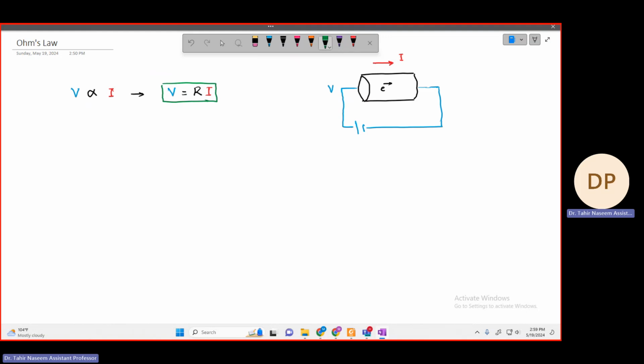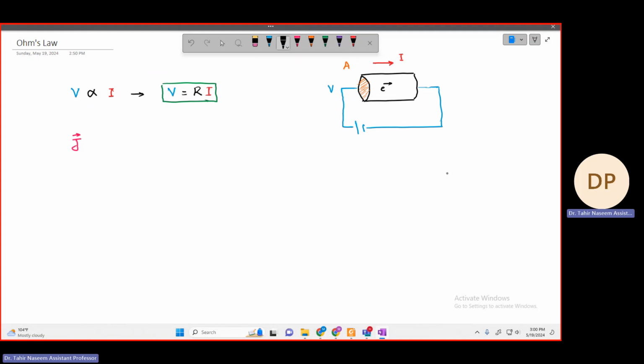But for example, we want to write Ohm's law in the form of current density rather than current. So just to remind you what current density is, let's suppose this is the cross-sectional area of the wire. Let's call this A. And the current density, which we represent by the symbol J, is nothing other than this.